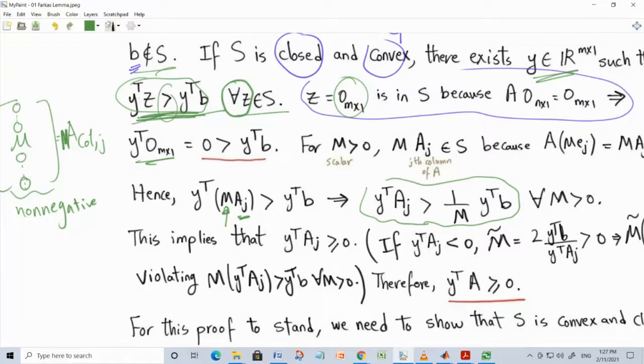For every positive M, this inequality will be true. So M can be a huge number.